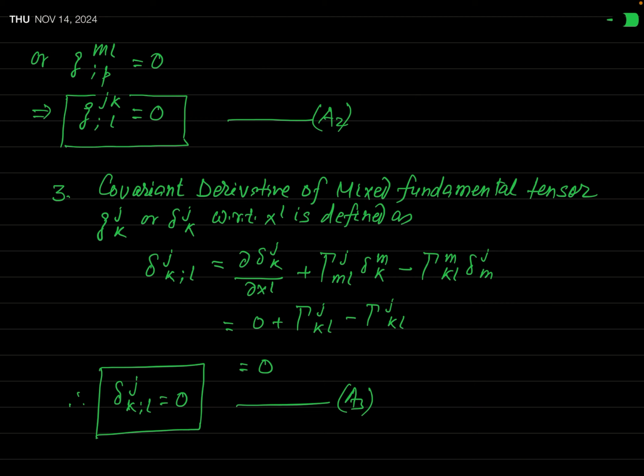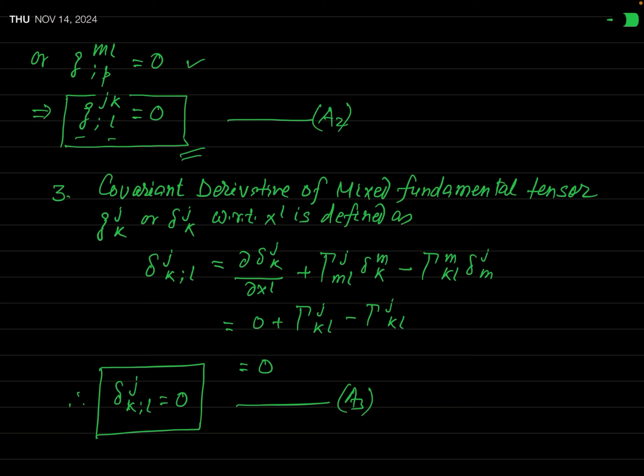This is the covariant derivative of the fundamental tensor g_ml with respect to x^p, and this will be equal to 0. So in general, you can say that the covariant derivative of a fundamental tensor g_jk with respect to x^l is equal to 0. So this was the result which we had to prove.